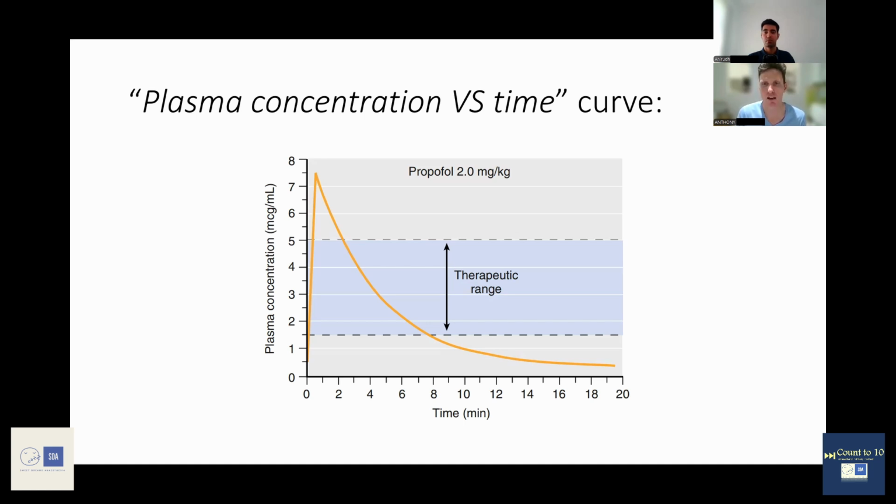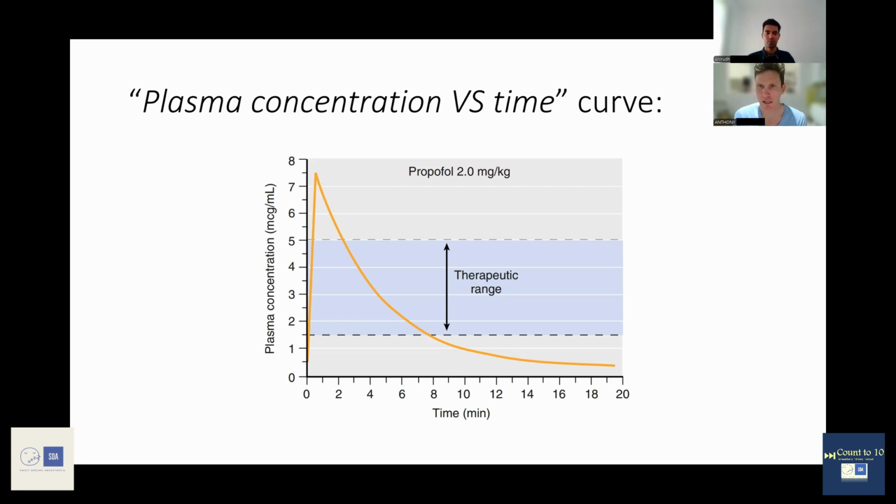You might be talking about VD initial versus VD at time of peak effect versus VD at steady state. You might be talking about V1 as a concept. You might be talking about the actual V1 in a specific Marsh model versus Schneider model, okay? So whenever you look at V1, rather than think about it as a physical volume, think about it as simply the relationship between bolus and plasma concentration.